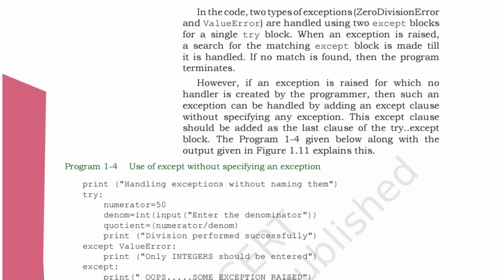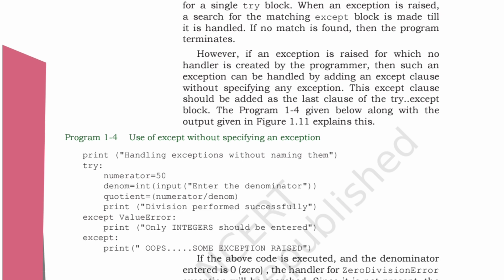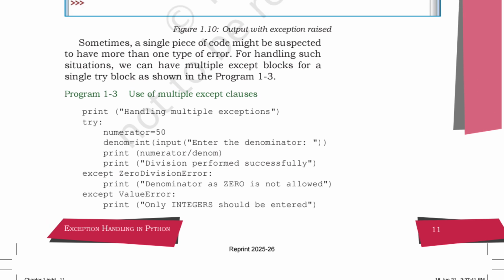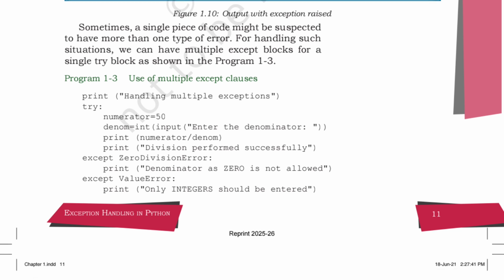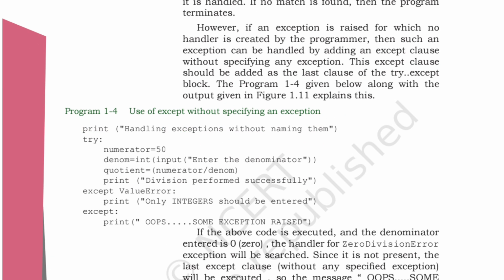Then except without specifying an exception. That is also something we know. What is the difference from the use of multiple except clauses? Over here we have mentioned the ZeroDivisionError and ValueError, right? ValueError means only integers should be entered.